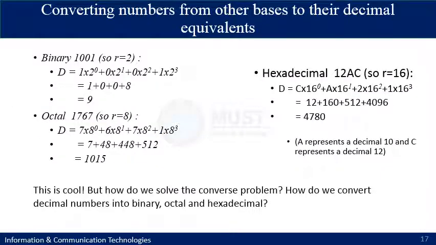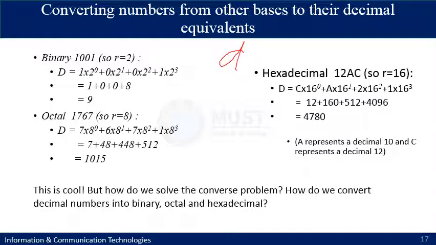Here is the implementation of the previous formula to convert numbers from binary, octal and hexadecimal into decimal numbers. So can you recall the formula? If you do not, let's write it again.